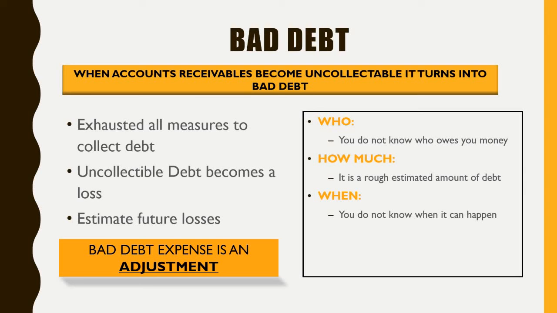You're just taking a blind percentage off that amount, and you don't know how much each person owes you. And you don't know when these people are going to default on their payments. You're just assuming it's a possibility that they're not going to pay you.